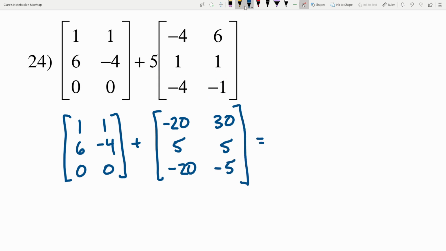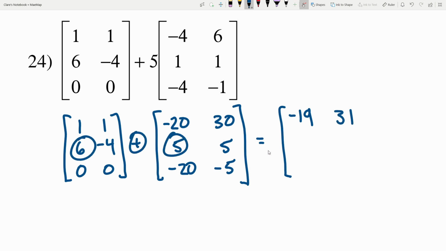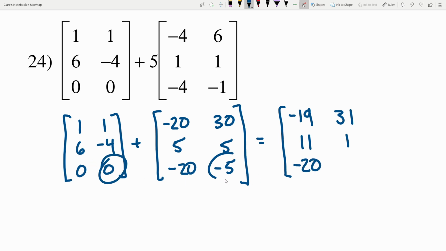Now I'll just add these. So 1 plus -20. That's going to result in a -19. And then I'll do 1 plus 30. That's going to be 31. And then 6 plus 5. That's going to be a positive 11. -4 plus 5. That's going to be a positive 1. 0 plus -20. That's going to be -20. And then 0 plus -5.